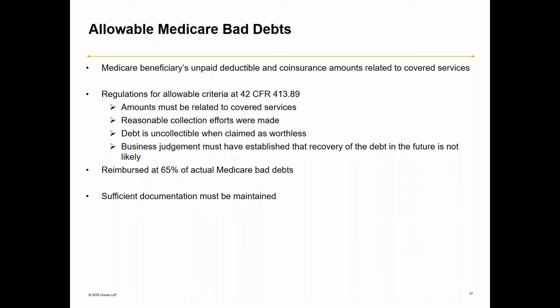So in 2013, that 70% was changed to 65% for PPS hospitals. They now would receive 65% of the amount that they've claimed on the cost report. And critical access hospitals were phased down to that 65%.